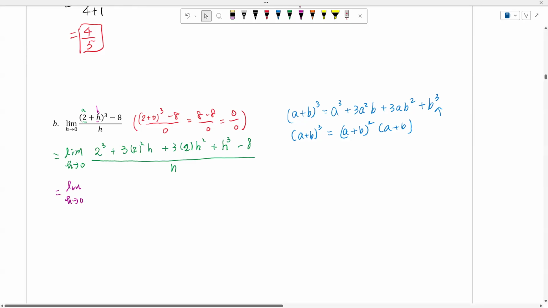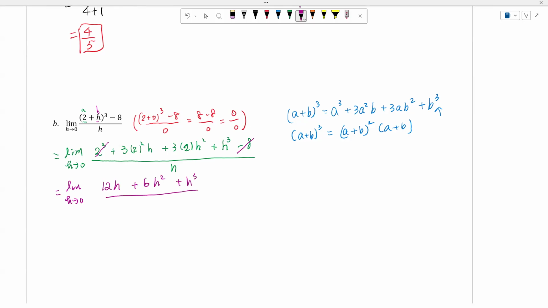Now you will see that 2 to the power 3 and 8 cancel. And now I will have 12h plus 6h squared plus h to the power 3 divided by h.